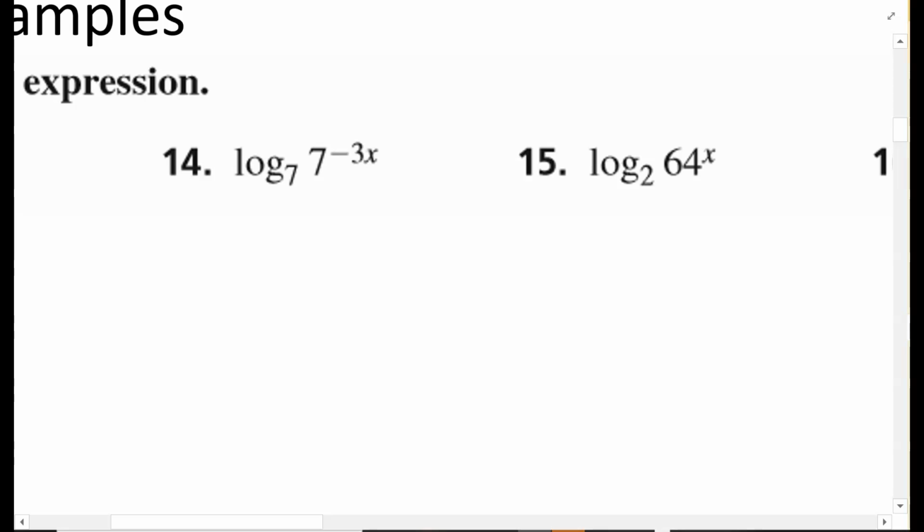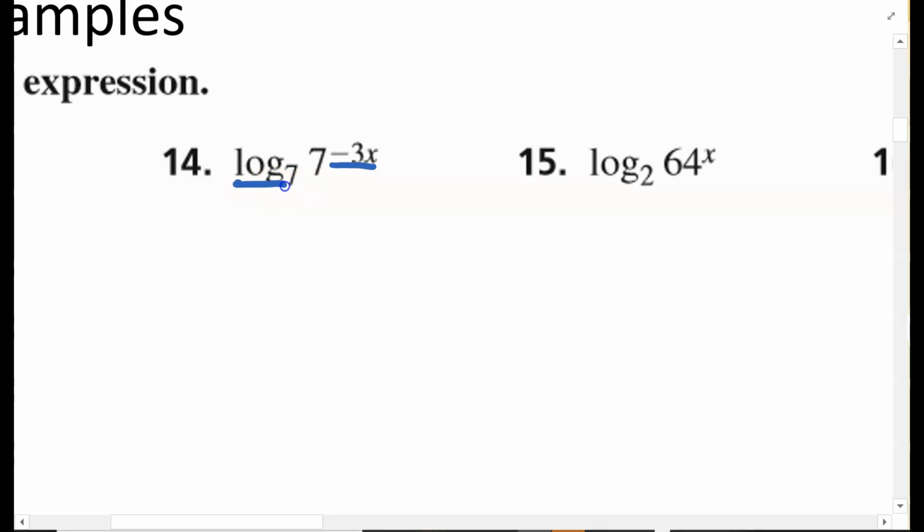Now, I do want to make sure you recognize that this looks like 7 minus 3x if you can't tell the size difference in the font, but this is part of the exponent. And so that is okay to go ahead and do this. There are going to be some other problems later that we can't cancel out unless everything is part of that exponent. We'll get to that later.